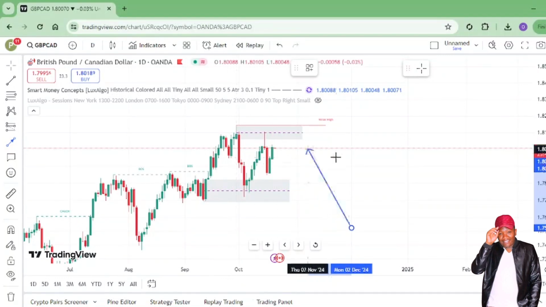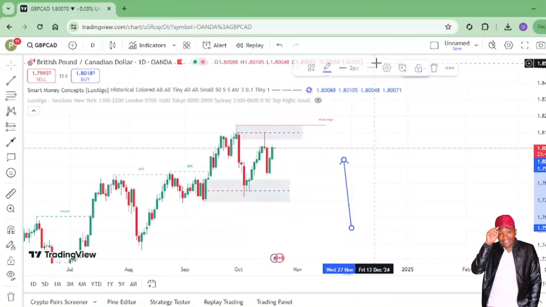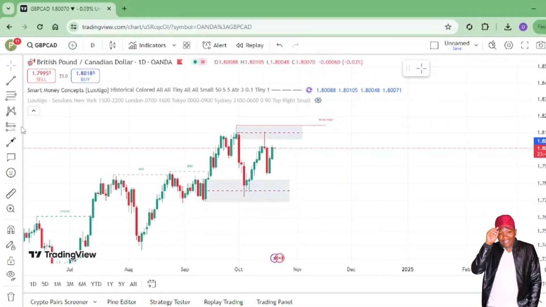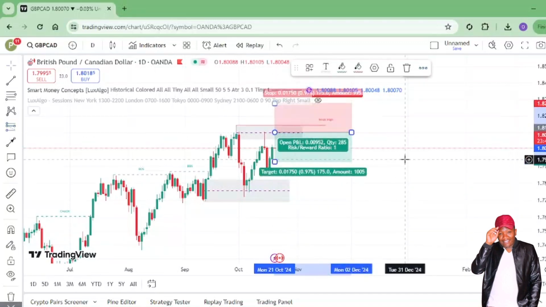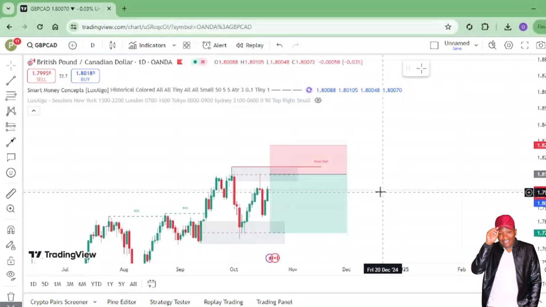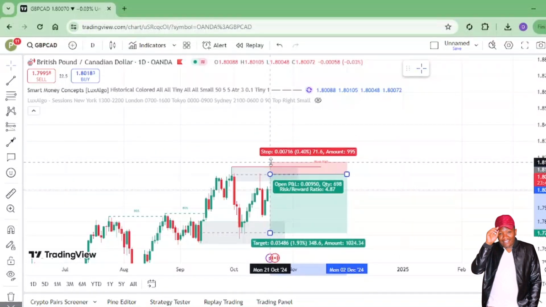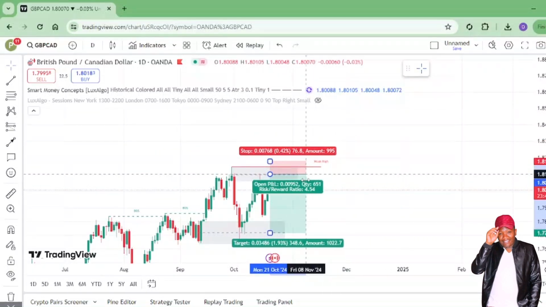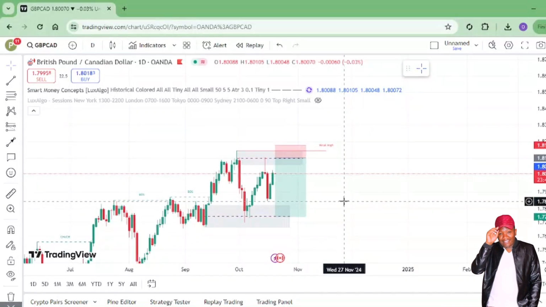Where do I put my entry? You put your entry, your pending orders, on the 50% of the rectangle, like that. And then where do you put your take profit? You put your take profit on the 50% of the rectangle that you used to draw the demand. It's as easy as that. That's how you get a sniper entry.